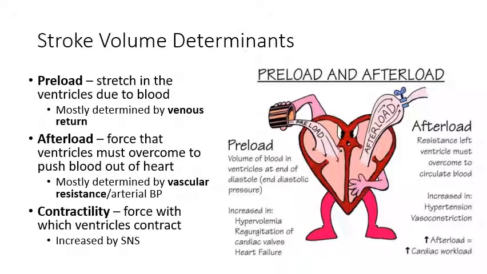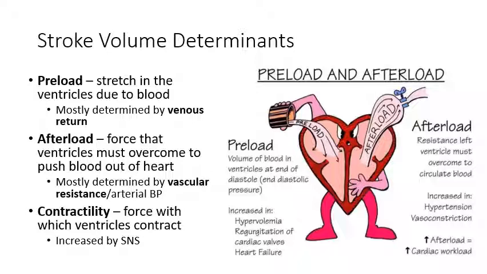So preload technically is the stretch in the walls of the ventricles, but that stretch is caused by the blood that's filling the ventricles. So a lot of the time we think about preload as just being the volume of blood in the ventricles before they contract. It's the preload because it's how much load of blood the ventricles have before they contract. The main determinant of preload is venous return.